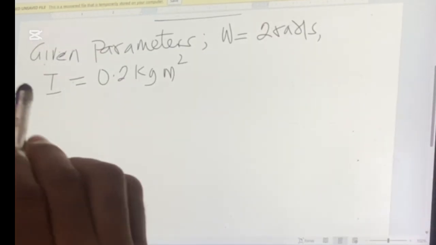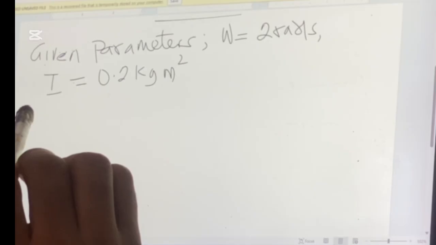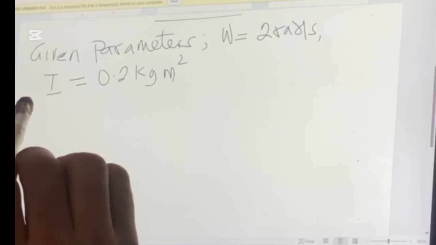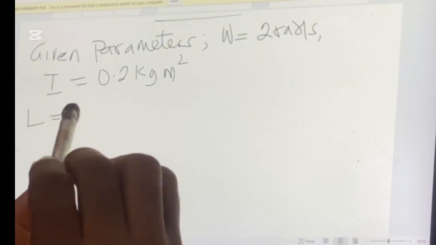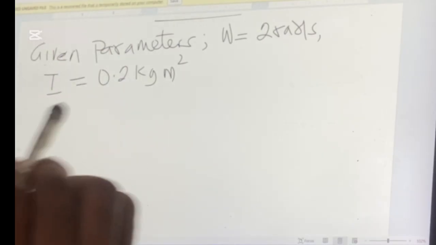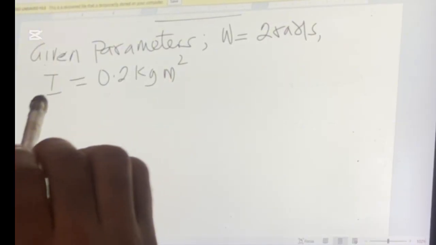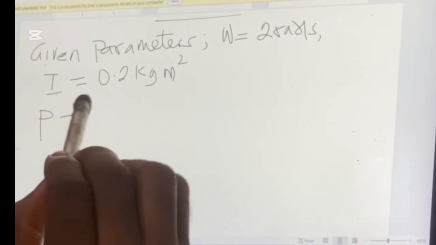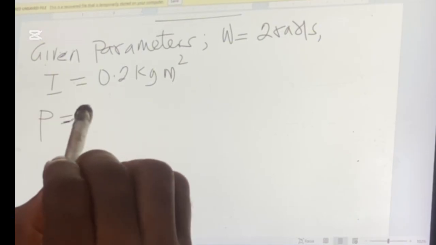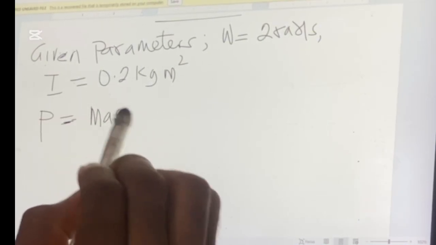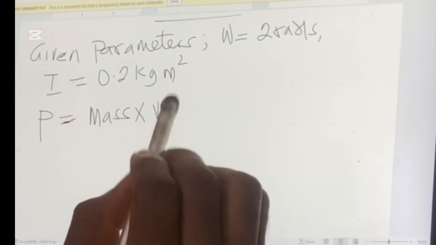From the analogy, linear momentum P is mass times velocity.